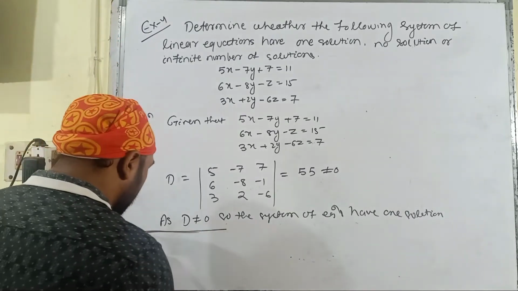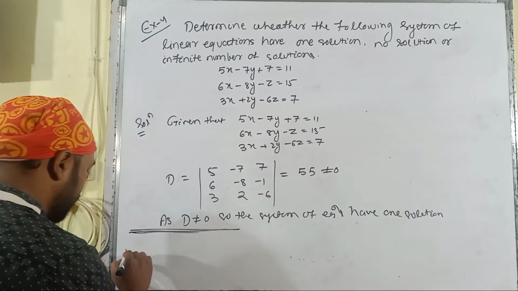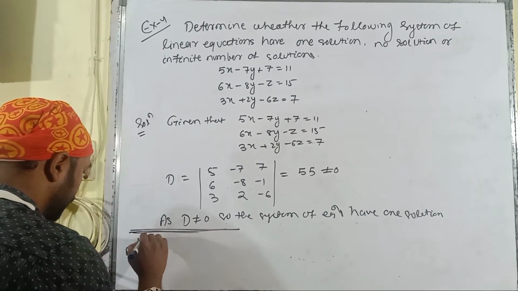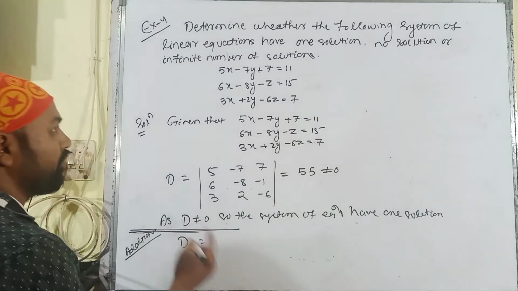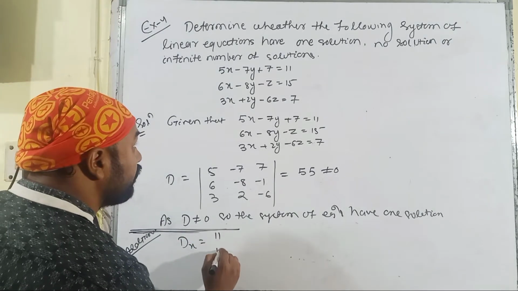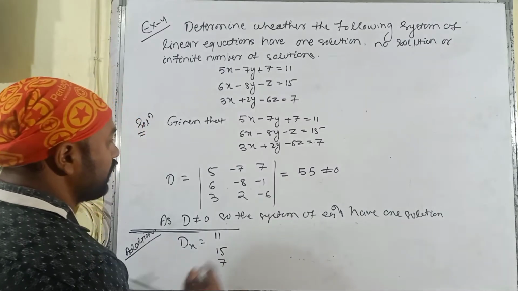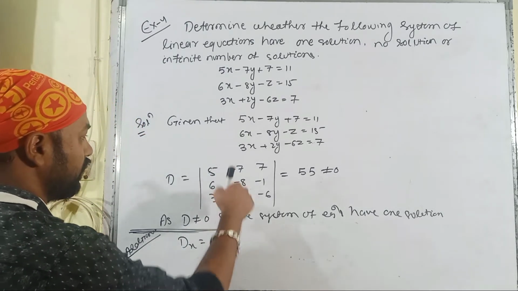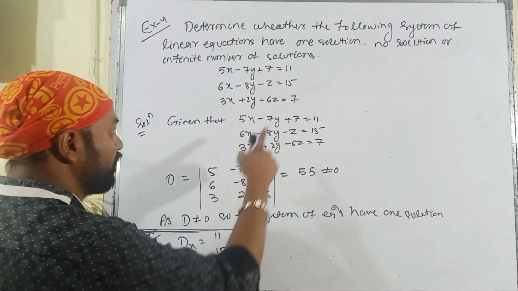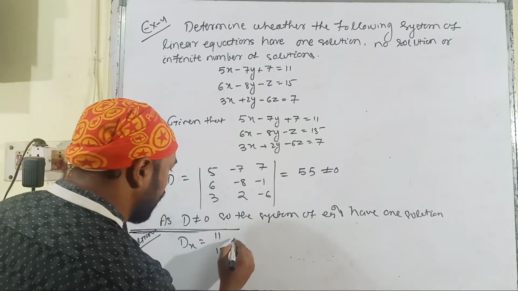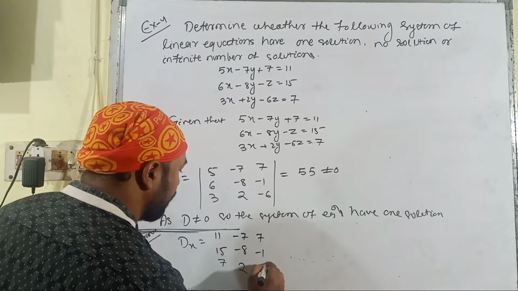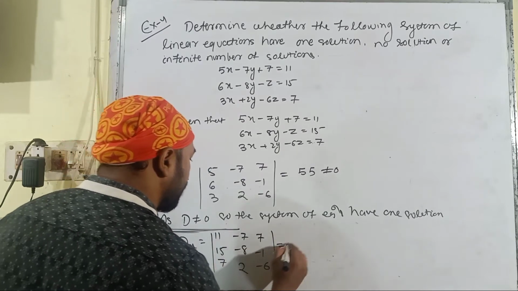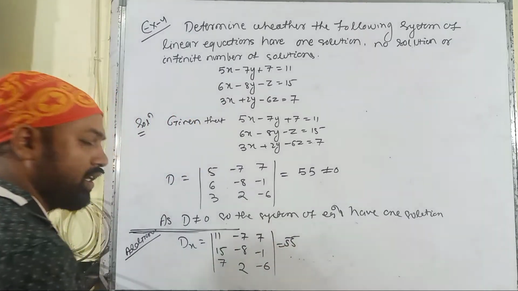For that, this is additional. Let us define dx, and the value of dx will be 11, 15, 7 in place of the first column, where we have replaced the constants, and the second and third columns are unchanged: minus 7, minus 8, 2; 7, minus 1, minus 6, and this value will be 55 as I have done it earlier.